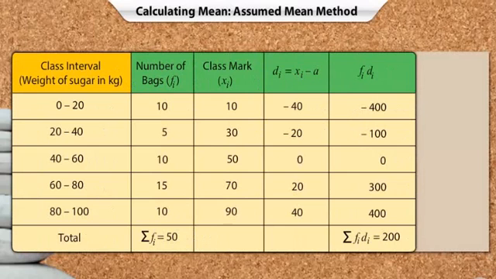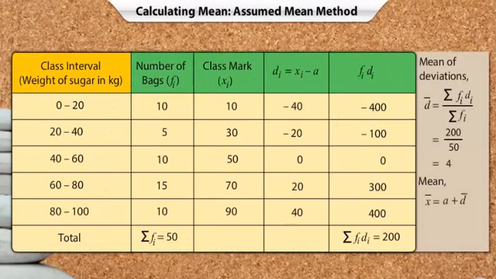Now that we have the sum of the product of frequencies and the deviations as well as the sum of the frequencies, we can calculate the mean deviation by dividing the two. To calculate the mean, we must add the mean of deviations to the assumed mean.